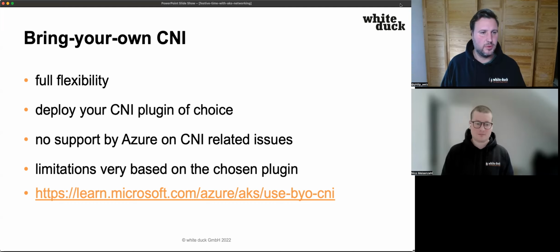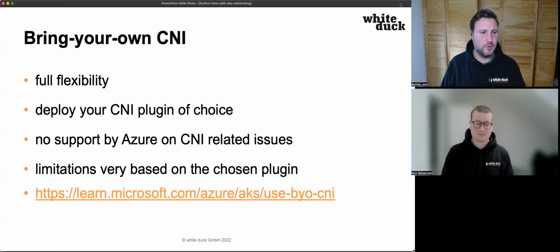Okay, so with this, we're coming to the Cilium-powered data plane option, which is pretty new in AKS. This feature is still in preview, but what you will get is basically a managed Cilium offering powered by the Azure team within your AKS cluster.